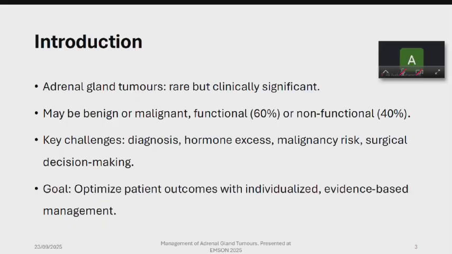And this tumor can either be functional. Most of the time, 60% of cases, they are functional. And when I say functional, that means they are producing hormone, whichever hormone that is resident in the adrenal gland. And 40% of the time, they are non-functional. The key challenge here is in diagnosing this adrenal malignancy.